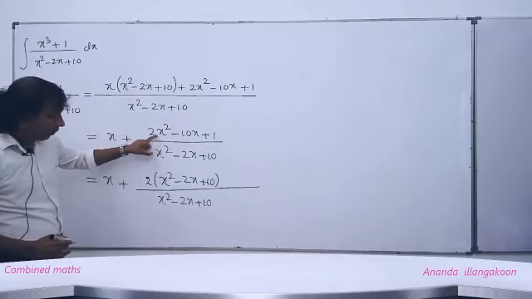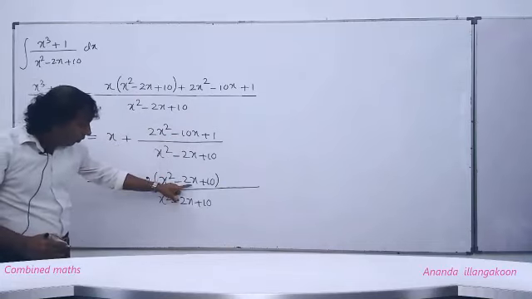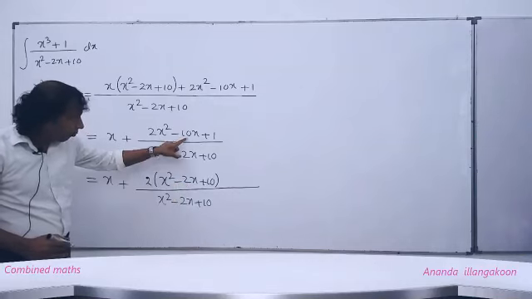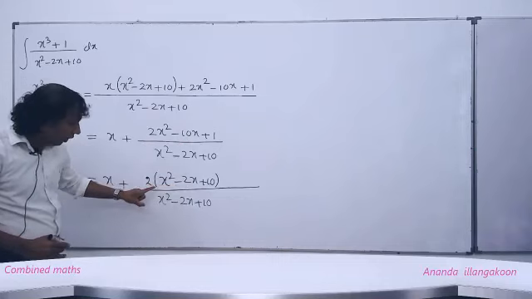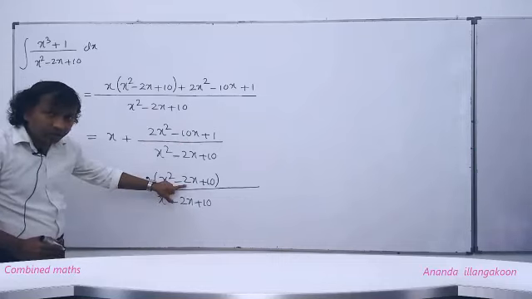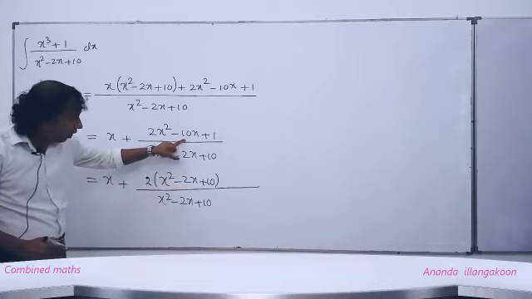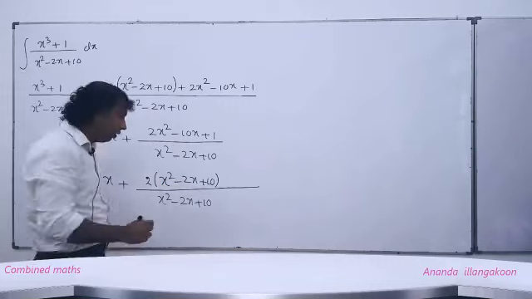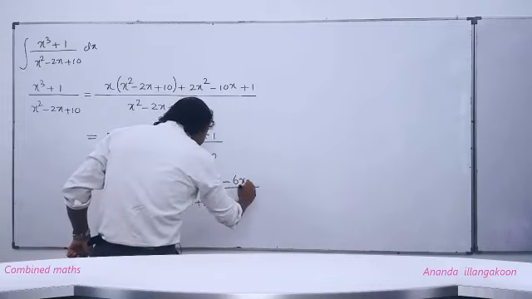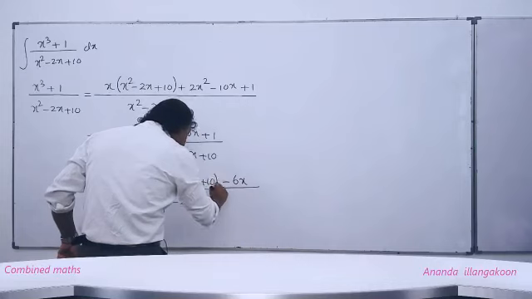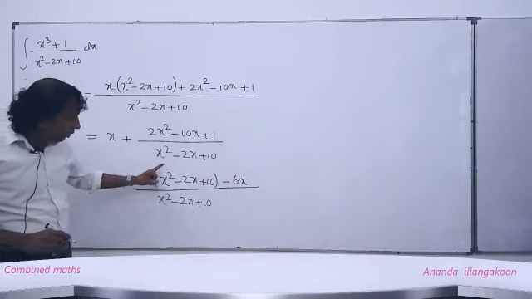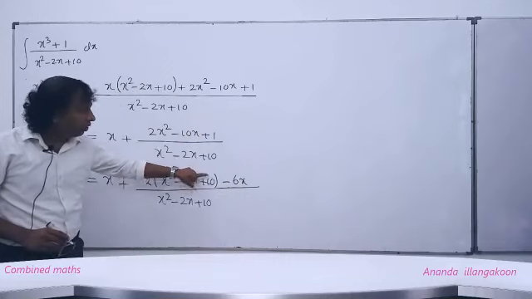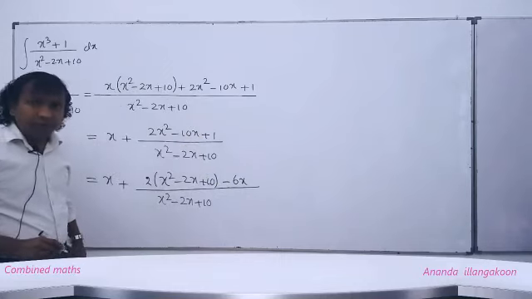Here this and this make minus 4x, but here we have minus 10x. Another minus 6x we need. Two and this 10 make 20, but we should have only 1. Subtract 19.